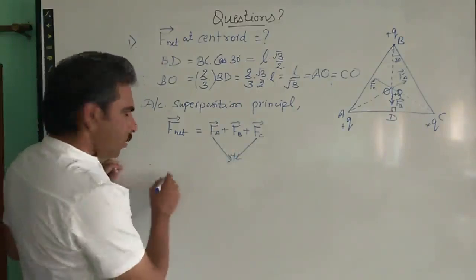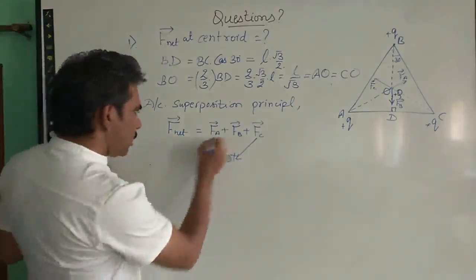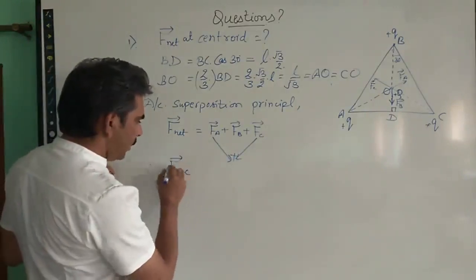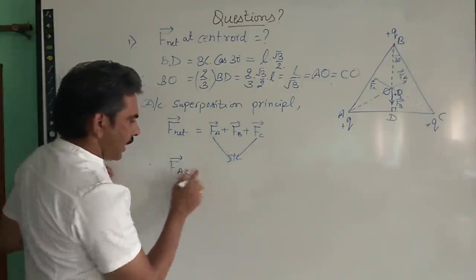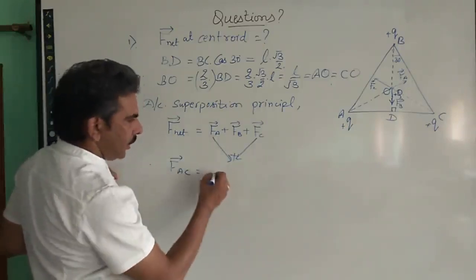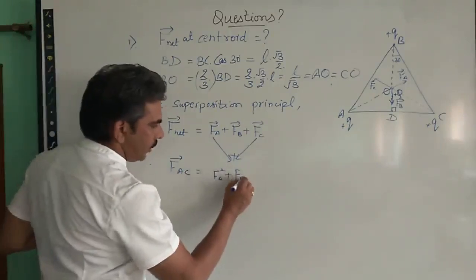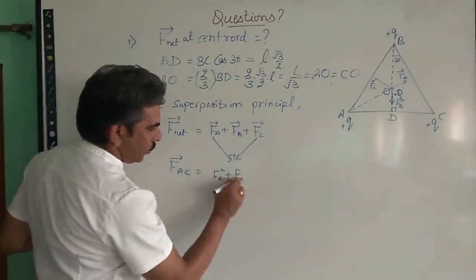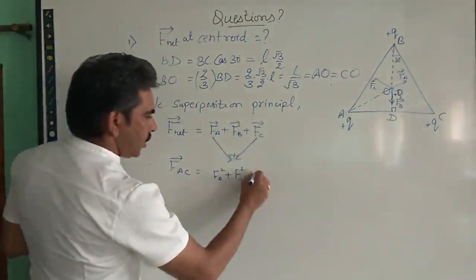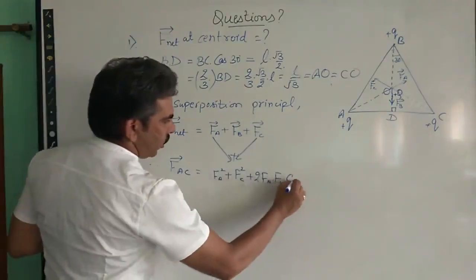So by using the parallelogram law of vector addition, this force F due to the charges placed at A and C is Fac. According to the parallelogram law of vector addition, it is equal to the square root of Fa square plus Fc square, because we are using the forces at A and C, plus 2 Fa Fc cos theta.